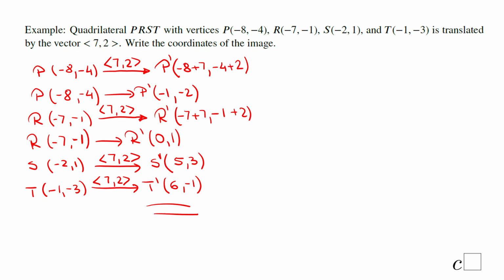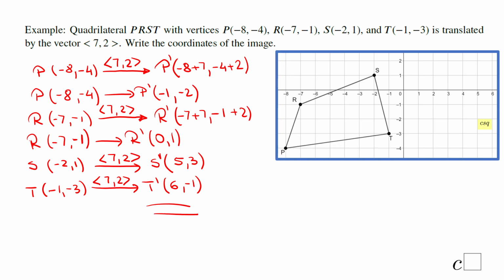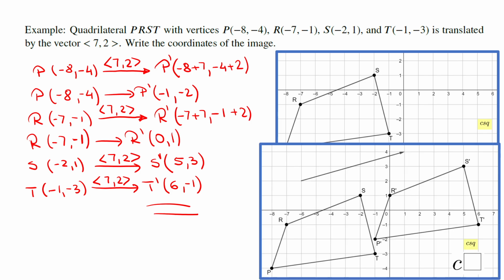You can see a little bit of a graphical approach here. This is the original figure. You see the coordinates, and this is the new figure. And I'm gonna just check it a little bit. Yeah, P prime is good. R prime, oh, I think I missed the R prime, maybe. -1 plus, no, we're good.